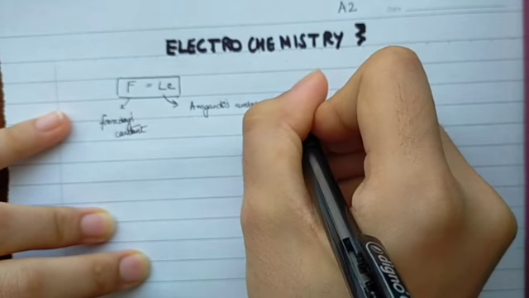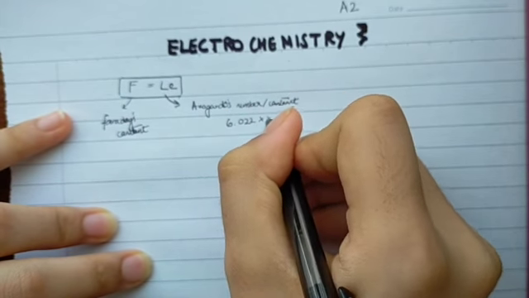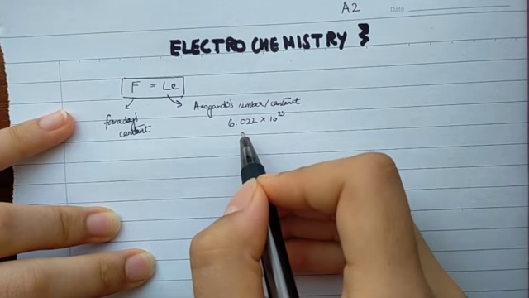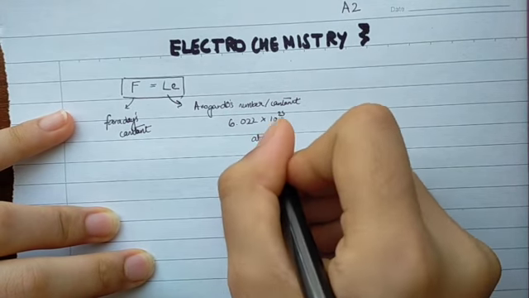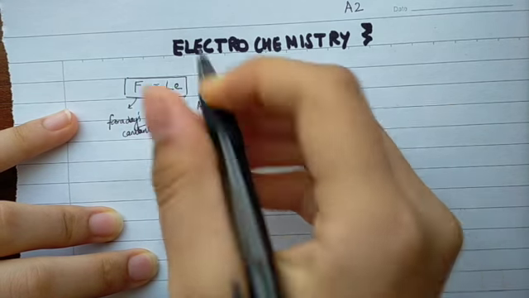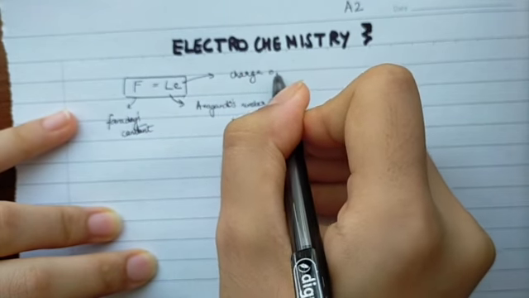Number or constant, same thing, which is 6.022 times 10 to the 23. And I'm sure you've seen this number before. This is the number of atoms in 1 mole. And E is the charge on 1 electron.